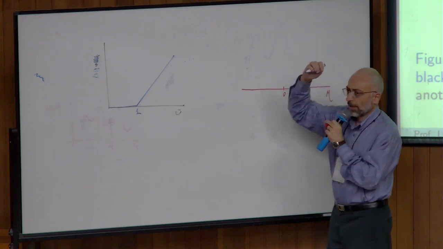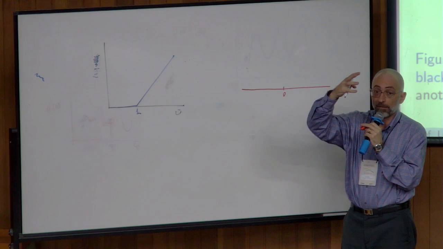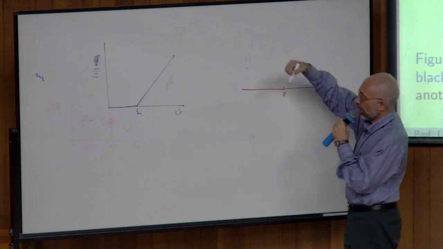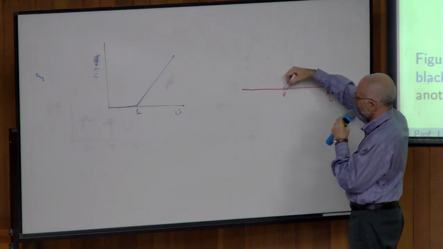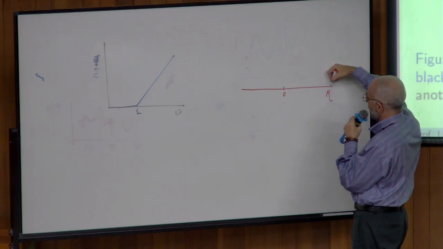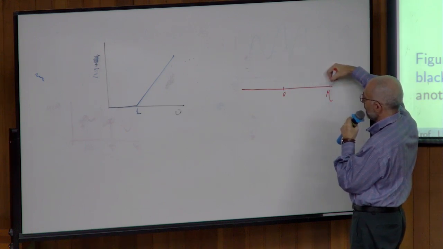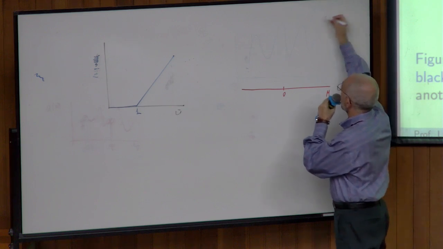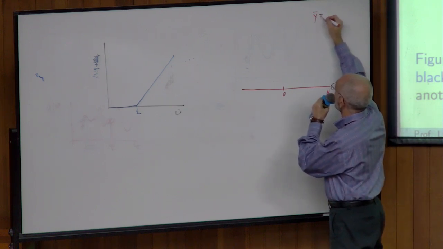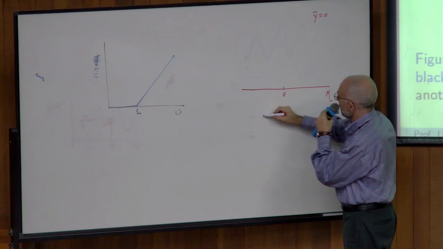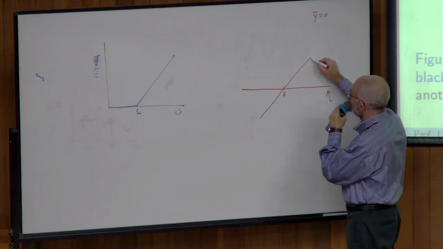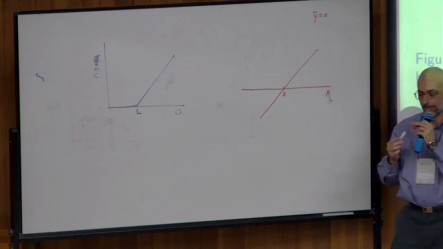We have two families of fixed points. One goes along this axis all the time, so using this nomenclature, y bar equals 0. And the other one is another straight line.